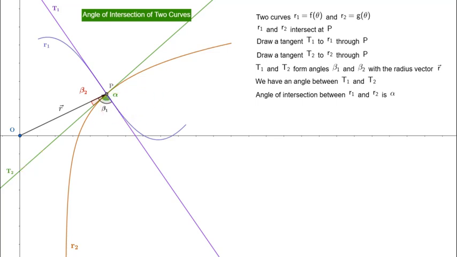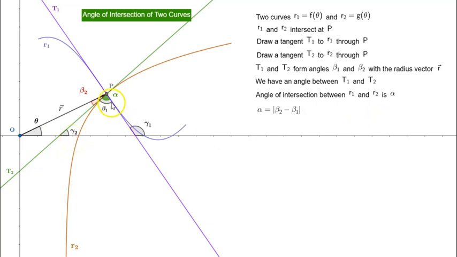Now remember, this is, let's say, theta, and this is gamma 2, and this is gamma 1. Gamma 1 is the angle formed by the tangent 1 with respect to the x-axis, and gamma 2 is the angle formed by the tangent 2 or T2 with the x-axis.